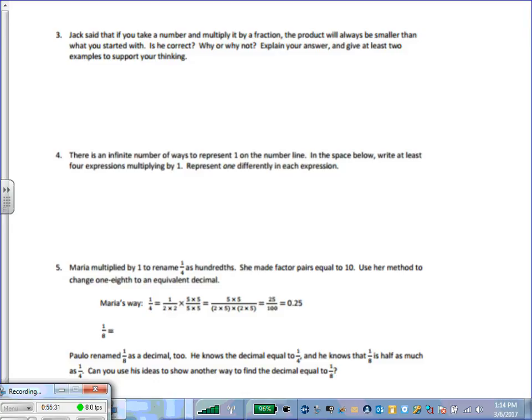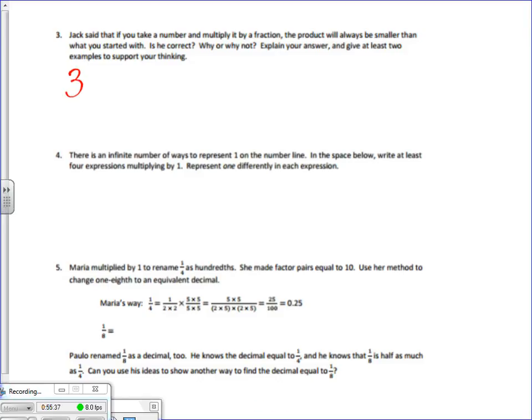If you take, say, a number, 3, and I multiply it by a fraction, it's the same number because two halves equals one.